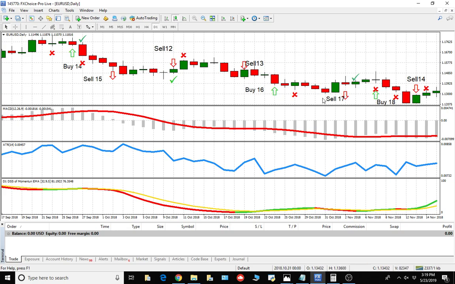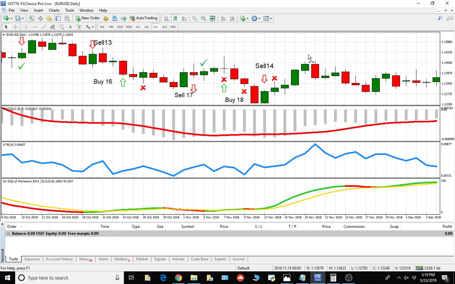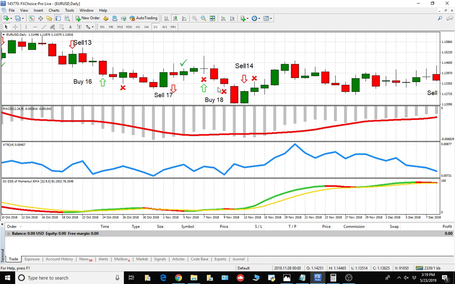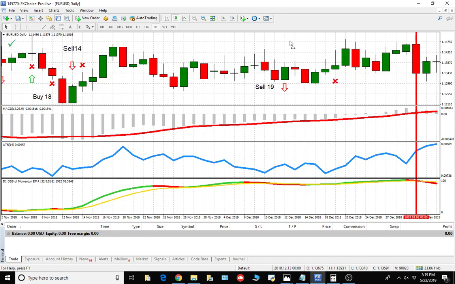During this time, 16 and 17 for the DS, you were just losing. Alright, so a lot of trading so far with the DS momentum. And then it asked you to get in number 18 for the DS momentum, which was a loss. And then you're in number 14 for the MACD, which was a loss. I've taken loss left and right.